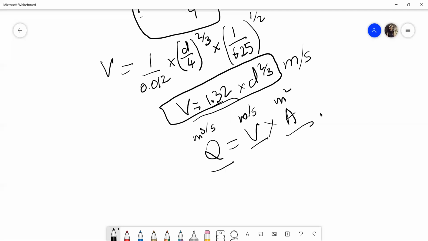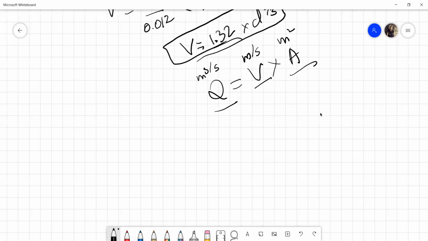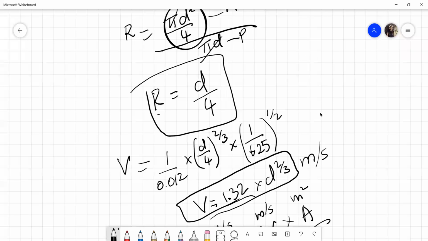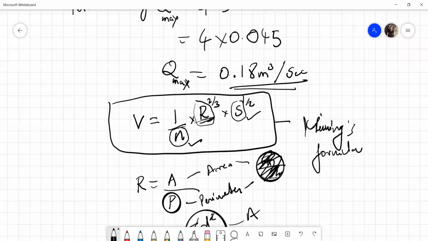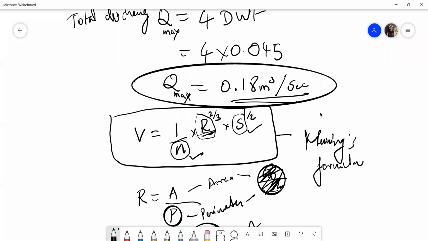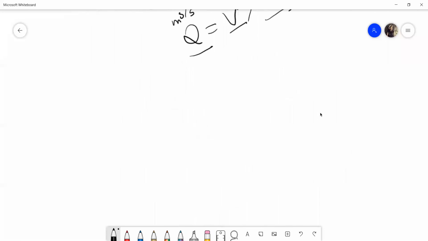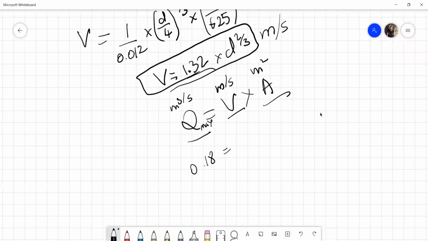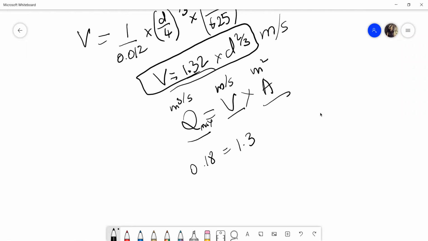Okay. So let us note down the formula. How much was the discharge? Total discharge, when it is running maximum complete, is 0.18 meter cube per second. So the maximum discharge 0.18 meter cube per second is equal to velocity, which is 1.32 D to the power 2 by 3, right?